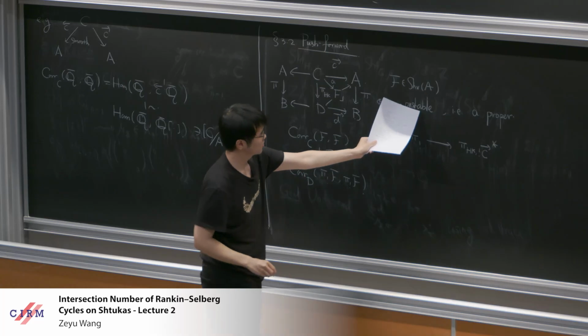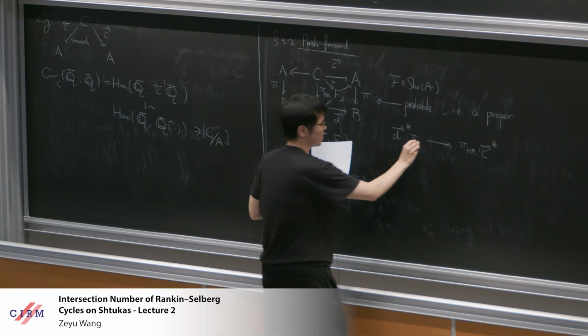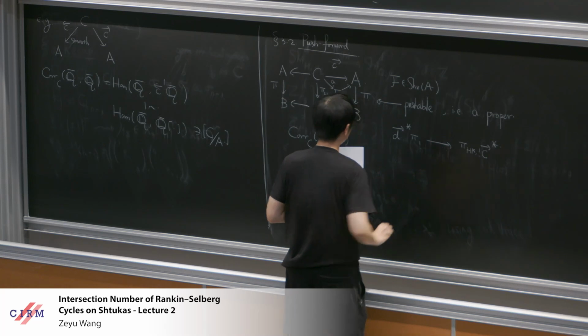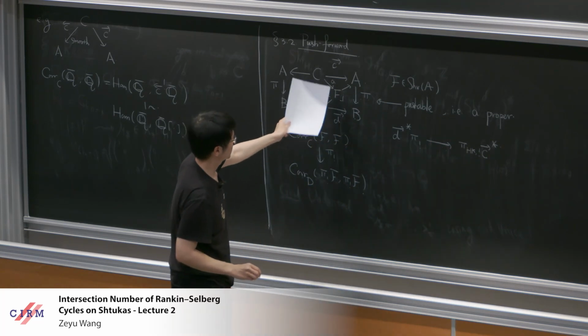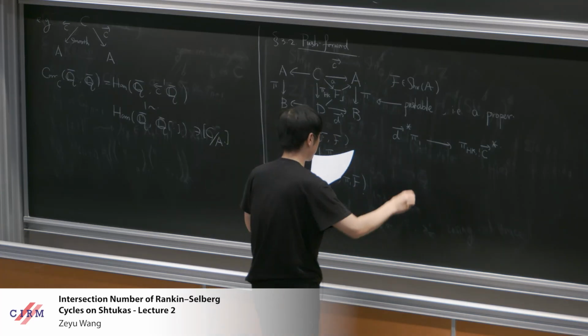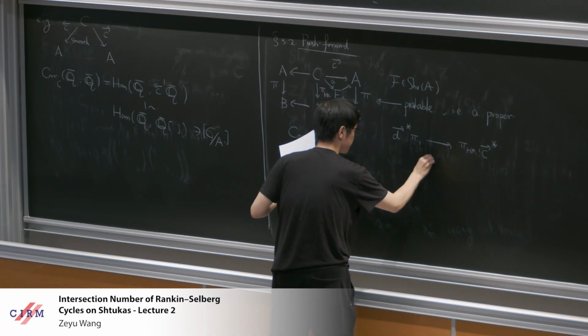If you're assuming this pushable condition, that is, A is proper, there's such a map. It's purely something from the 6 functor formalism and not very interesting, and I'm not going into the detail of it.